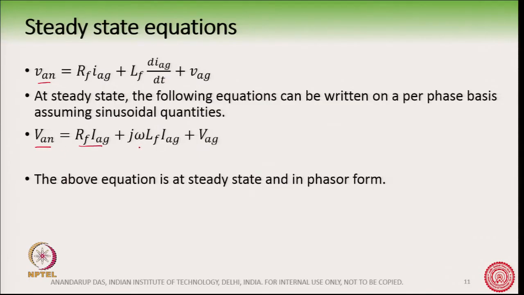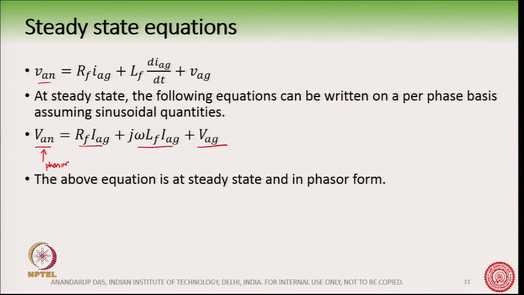These are phasors, so we write the phasor equations. L di/dt becomes j omega LF IAG at steady state. So, VAN is RF IAG plus j omega LF IAG plus VAG.